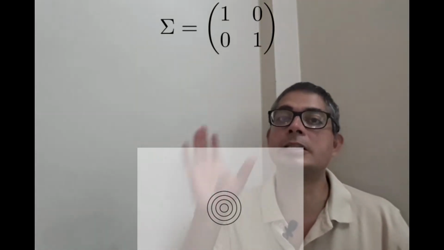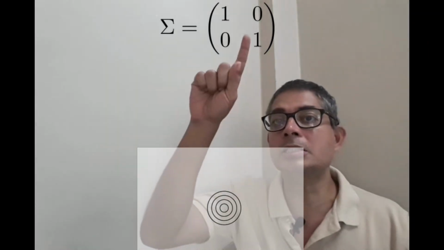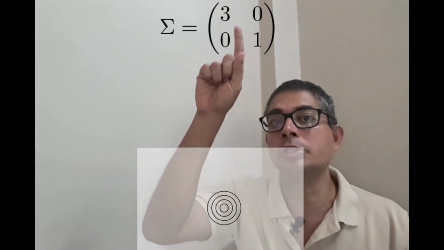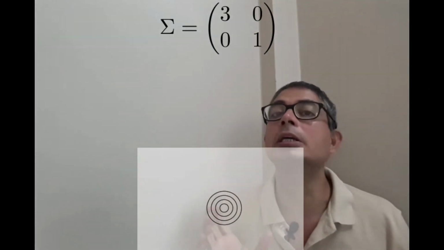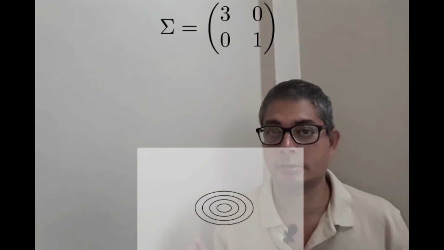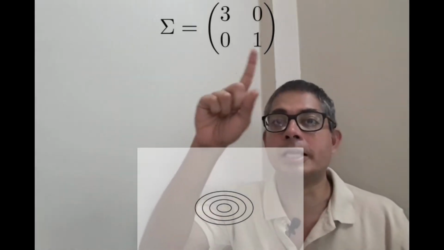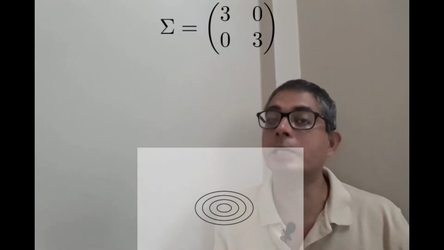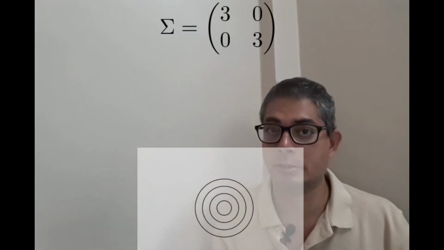Currently, sigma is the identity matrix. If we increase this diagonal entry to 3, then the circles turn into ellipses. If you now increase the other diagonal entry to 3, then we scale up the other axis of the ellipse as well.